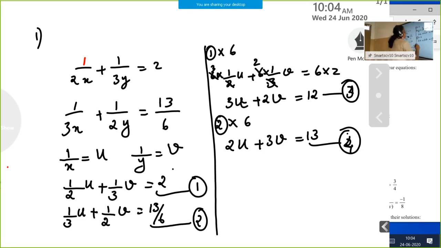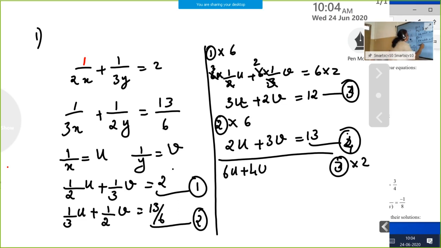Then using the elimination method, eliminate u from the first and second equations, 3u and 2u. To equate the coefficients of u, convert each to 6. Multiply equation 3 by 2: 3 into 2 is 6u, 2 into 2 is 4v, and 12 into 2 is 24.